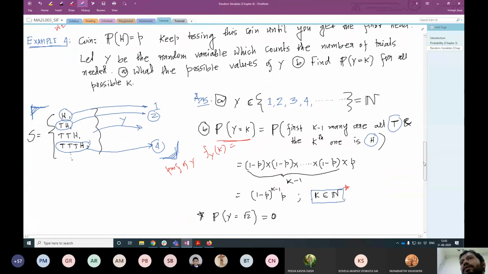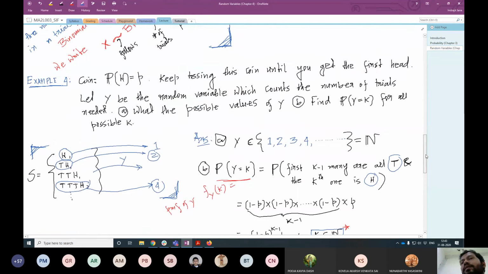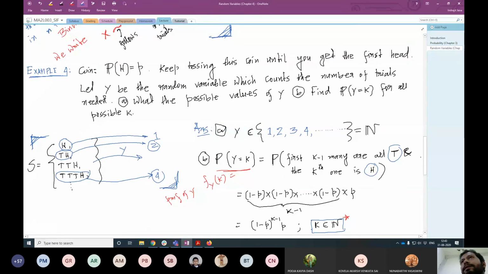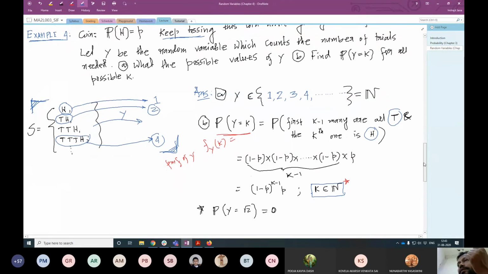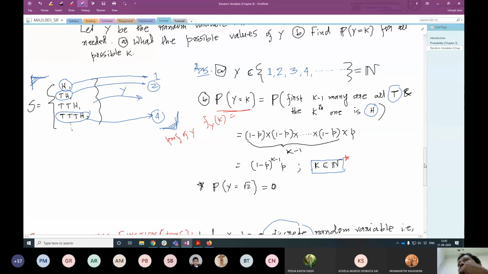The same goes for the example 4 as well. In the example 4 that I gave here, you keep tossing the coin until you get the first hit. This is again a model problem, and the same model can be applied in many different kinds of problems. For example, I can ask you, keep rolling a dice until you get the point 1.